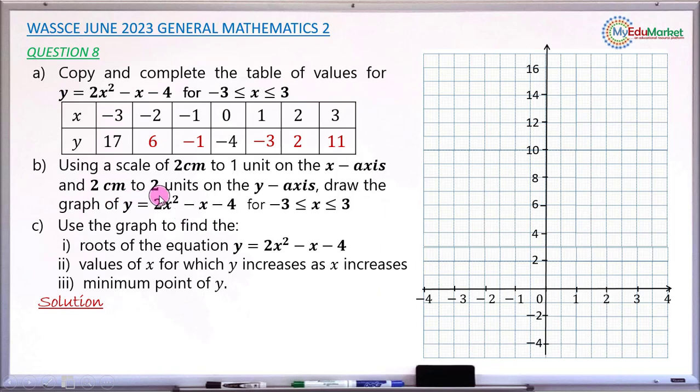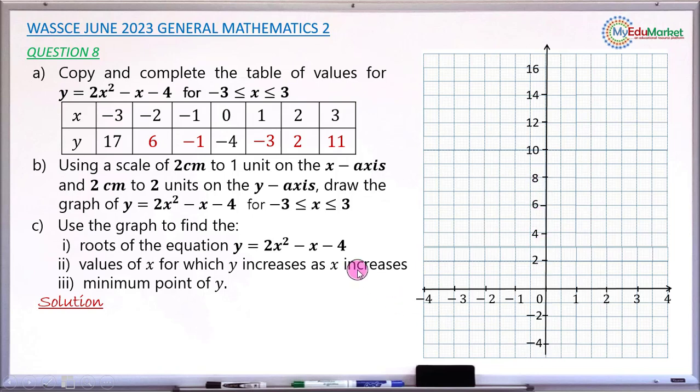It says on the y-axis 2 cm to 2 units. So from 0, 2 centimeters is 2, the next 2 centimeters will be another 2 units, which gives you 4, and the next 2 centimeters will be 6, like that.